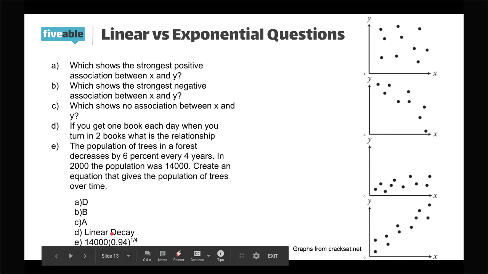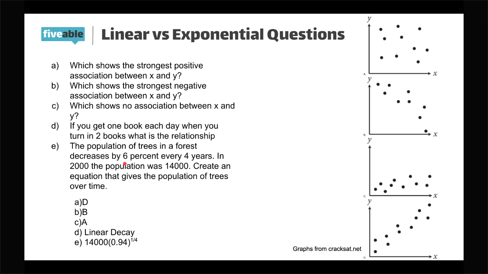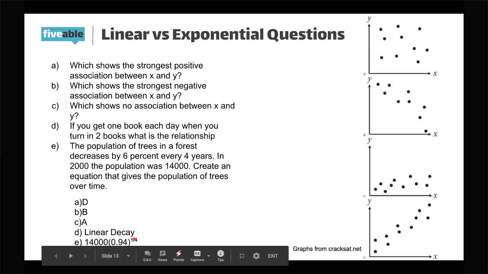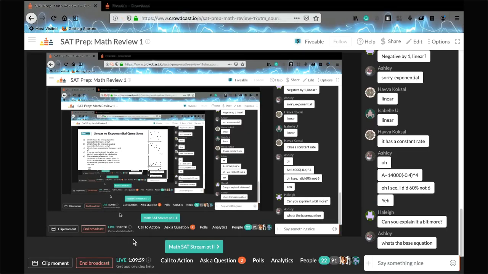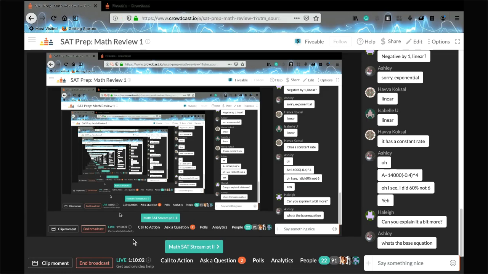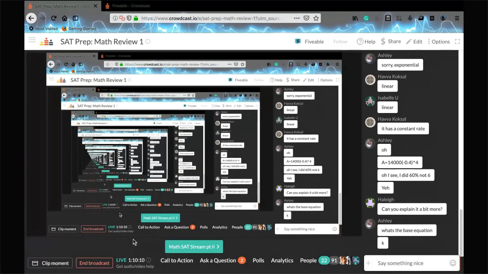And then we bring that rule from when I went over percentages, and we get 0.94 because we got 1 minus 6%, which is 0.06. And it decreases every 4 years, so we have to do t over 4, because every 4 years you are decreasing by 6%, not every year by 6%. So the base equation is basically where you can fill in the blanks, or the model equation. Did everyone get it now?